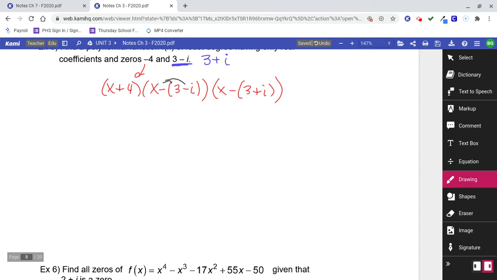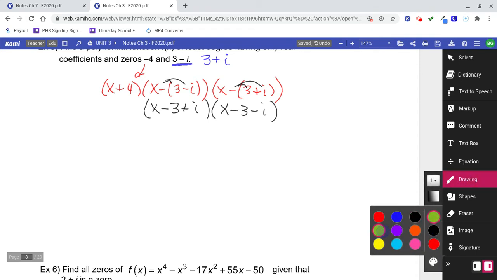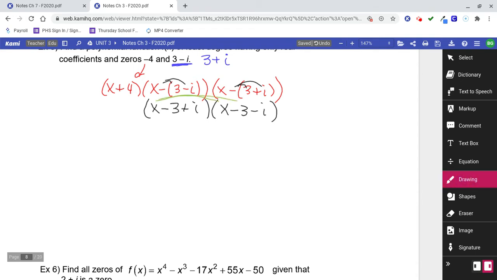I would try to get rid of this set of parentheses there, so it looks like x minus 3 plus i. And likewise here, we'd have x minus 3 minus i. I distribute those negatives right there. I'm going to multiply that out using the distributive property. x times x is x squared. x times minus 3, and x times i.